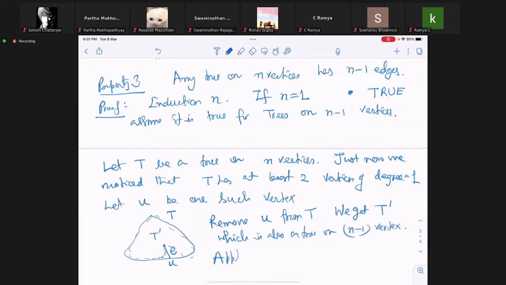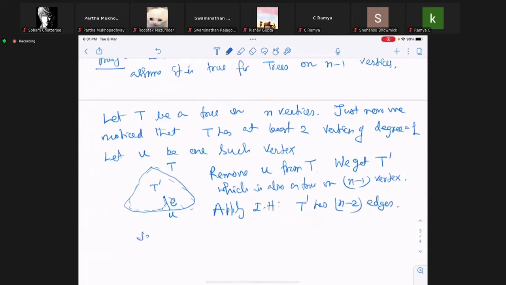Apply IH, the induction hypothesis. T prime has n minus 2 edges. So T equals T prime union that edge E. Hence the number of edges in T is exactly n minus 1. It's very simple.